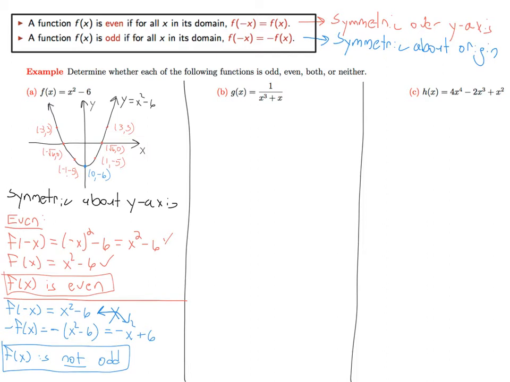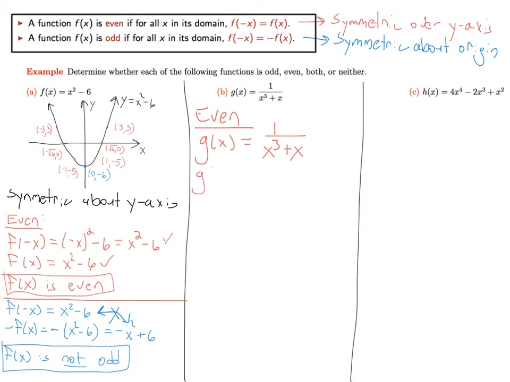In part B, I don't know what the graph of this function looks like. It's not very obvious to me maybe what it would look like. So let's check these conditions using the formula, since that we do have. So to check whether g is even, we have g of x that was given to us as 1 over x cubed plus x.